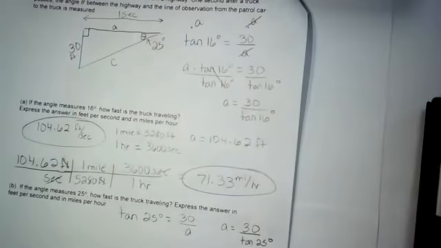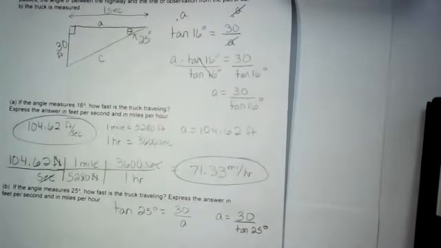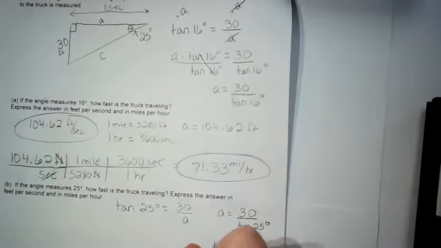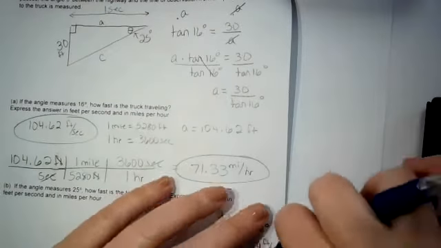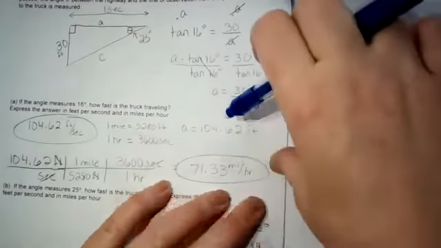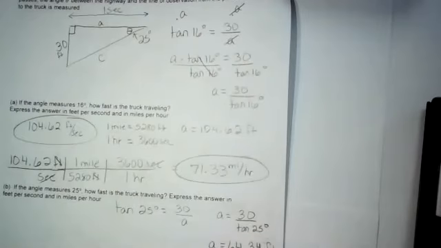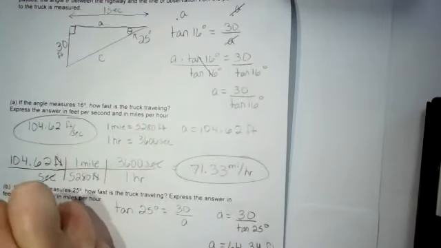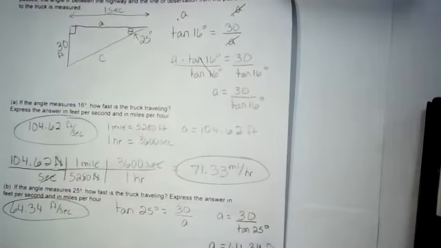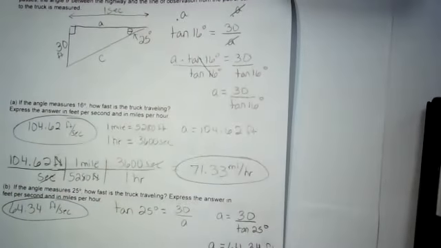So now if I put this into my calculator, I came up with 64.34 feet. I should just put feet, because when I divide it by 1, I get 64.34 feet per second. Okay, truck is going slower.